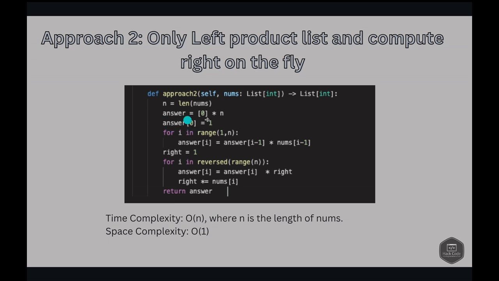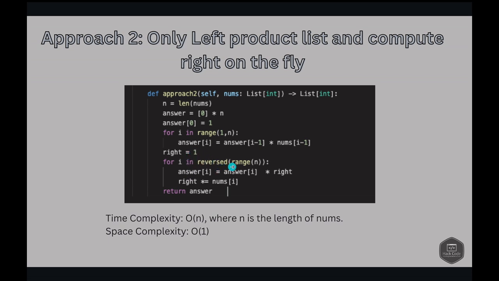We populate it just like left in the previous approach. The difference is in how we handle the right array. Here we don't calculate the right array, but compute it on the fly. So we just initialize right to 1, the same way we did for right of n minus 1 equal to 1.